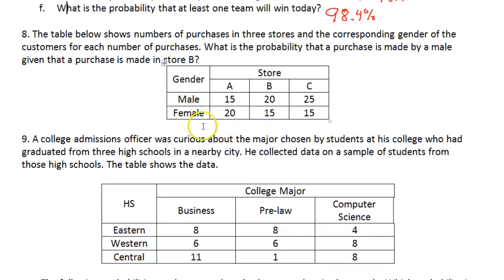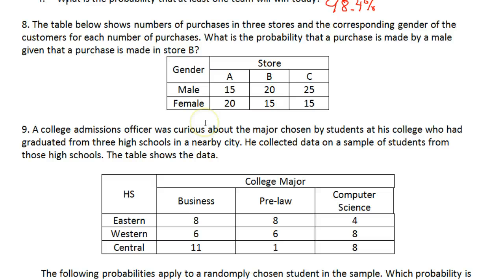Okay, number 8. The table below shows numbers of purchases in 3 stores and the corresponding gender of the customers for each number of purchases. What is the probability that a purchase is made by a male, given that the purchase is made in store B?